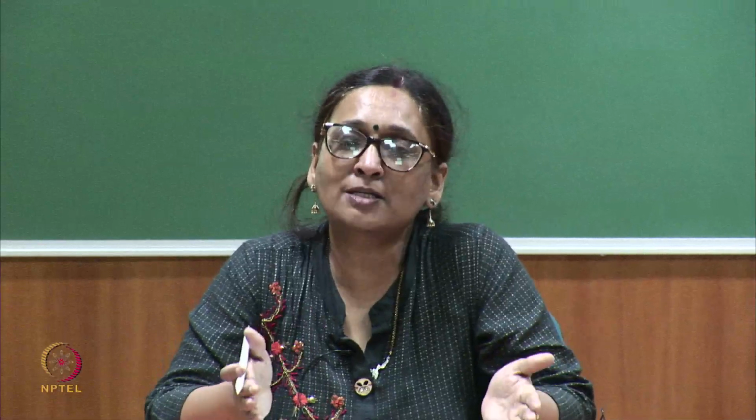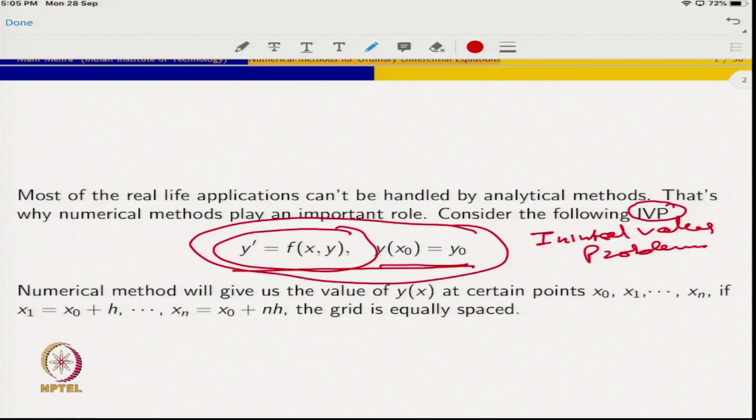So, numerical solution plays an important role once you are sure that this problem has a solution. There are many theorems in numerical analysis as well as in functional analysis, with the help of which we can predict that a solution exists. We do not know the exact form of the solution, but at least we can predict whether the solution exists and whether it is unique.